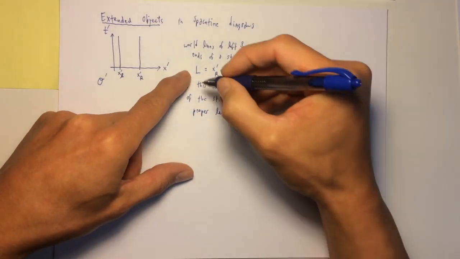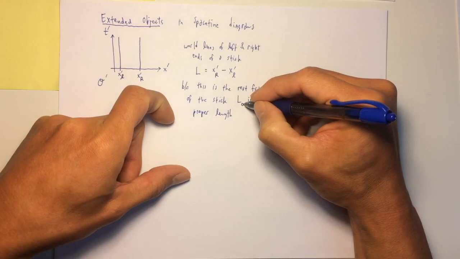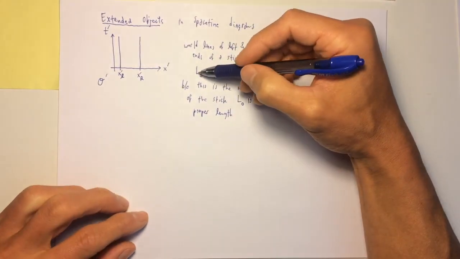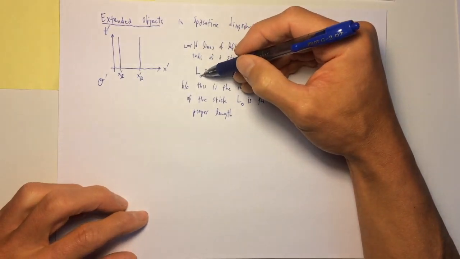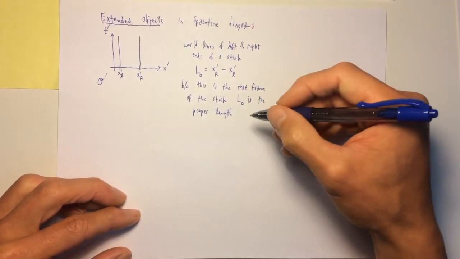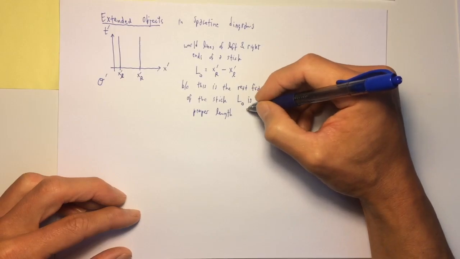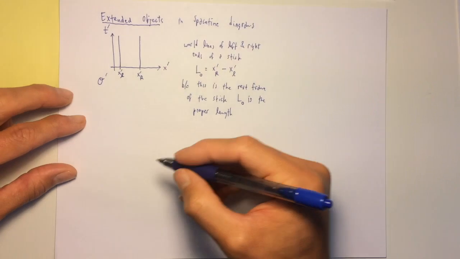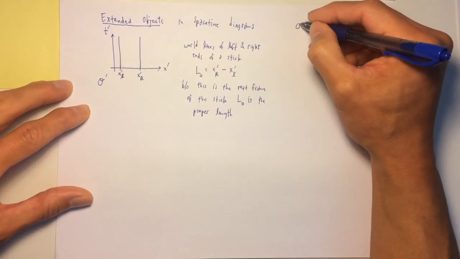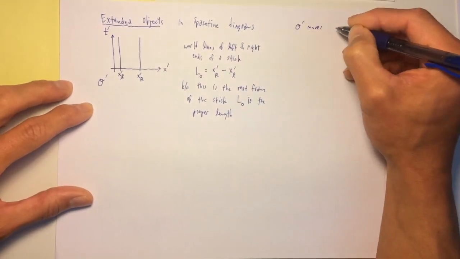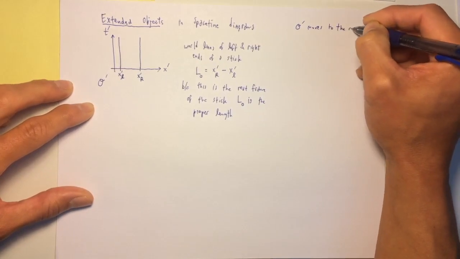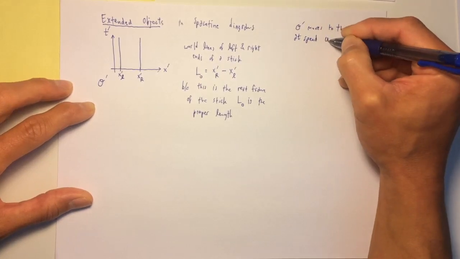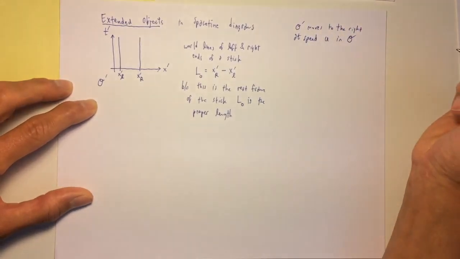And I'm going to doctor this up. I'm going to say this right here deserves a special marking. So the sub naught, yeah, so L naught is this proper length. Let's say that O prime moves to the right at speed u in O, right?